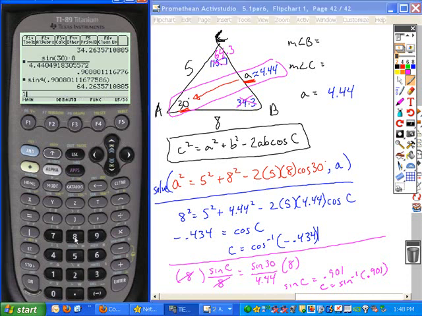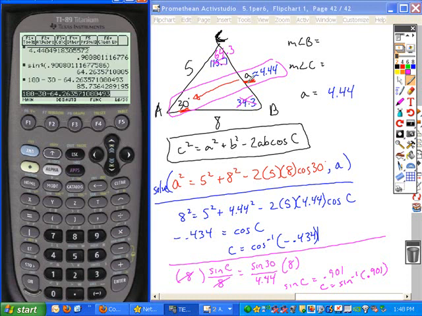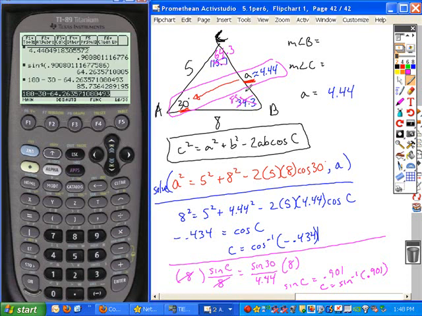A way bigger number. So if we take 180 minus 30 minus 64.3, we get 85.7 approximately. Now, is this consistent with our picture? No. B would, in this case, be the largest angle. Is the side opposite that the longest side?